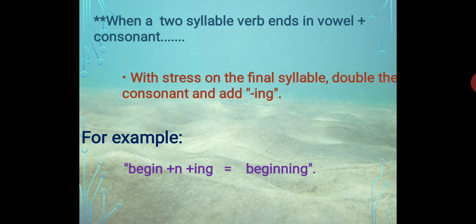That's why we add the last letter a second time. What is the last letter of begin? N. And then we add ing to make it the ing form of the verb.